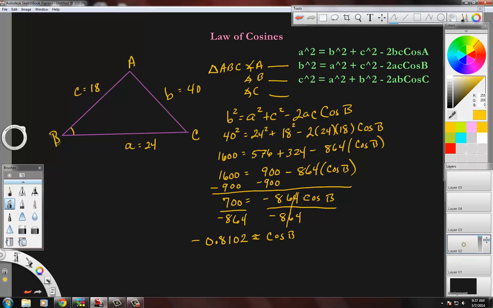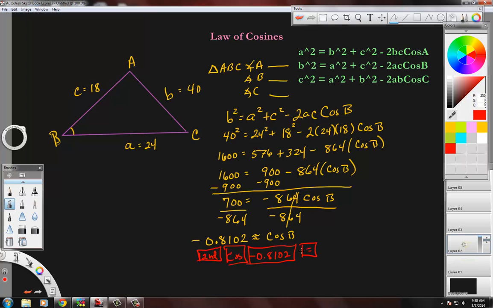Now, maybe a better way to do it later on is to just hit second cosine and then divide that fraction out. But at this point, I am going to do second cosine, and then this decimal, negative 0.8102, equals.